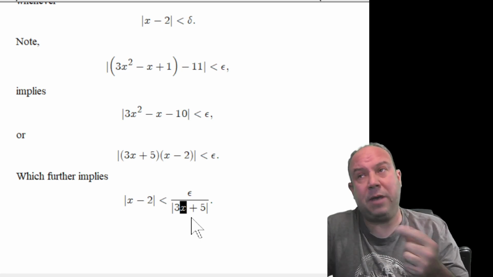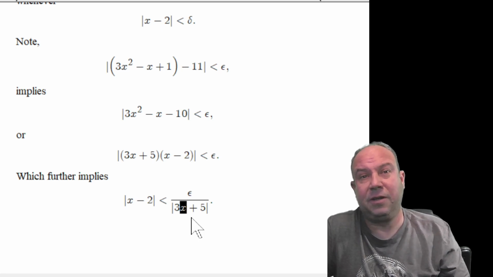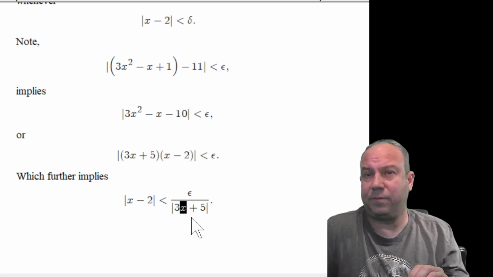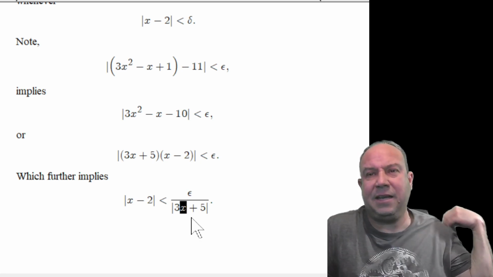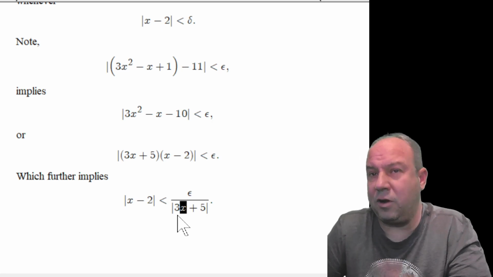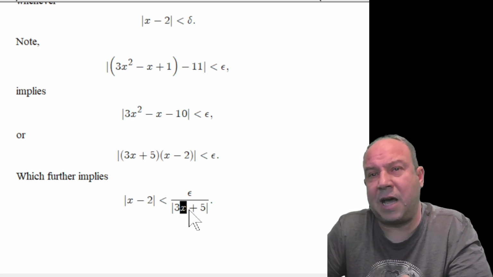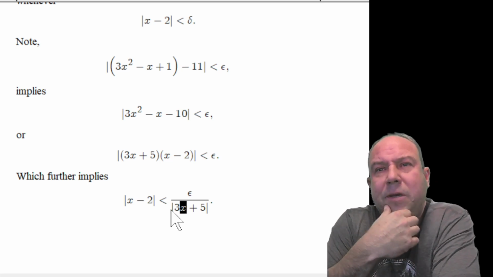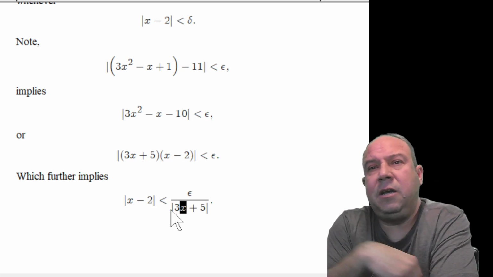It also depends upon location, and that is not what we can establish in our proof. We need to eliminate the variability that x could have on our value of delta. And we can do that because really what we're dealing with are inequalities.